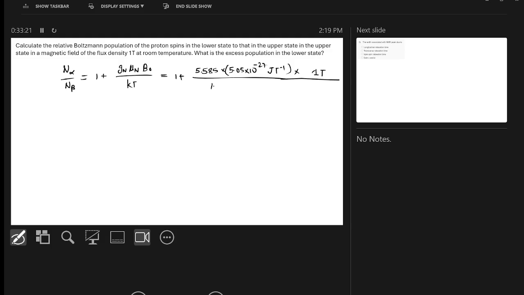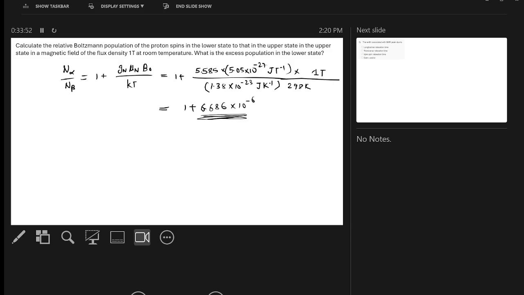This is the Boltzmann constant, 1.38 times 10 to the power minus 23 joule per Kelvin. And temperature is 298 Kelvin. By solving this, we will get 1 plus 6.686 times 10 to the power minus 6. It's a very small number. The changes are very small. You can see the difference is very small.